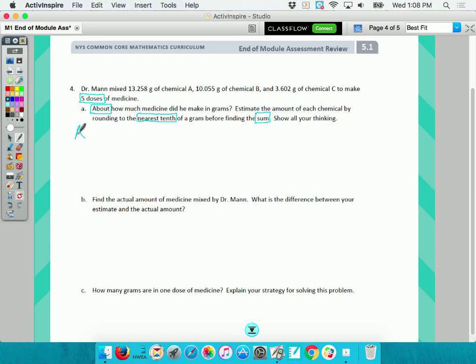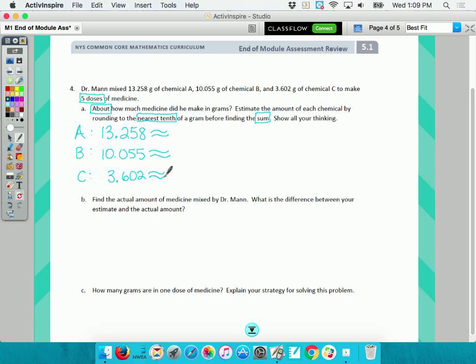So let's get it all laid out like this. We've got 3 chemicals, right? Write down the actual amount, and then we'll round it. I like my squiggles, but if you don't want to, you can just put a dash there or something.